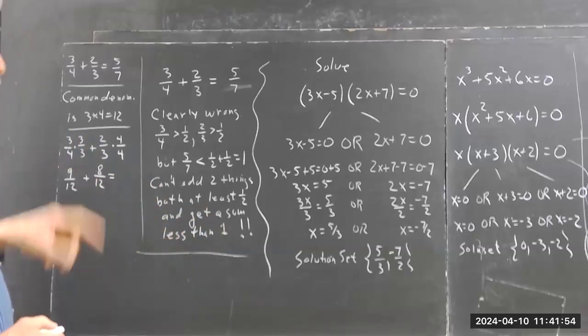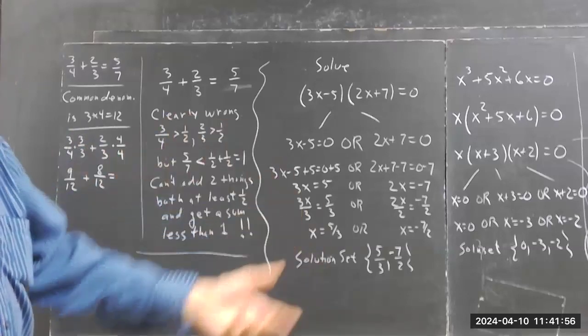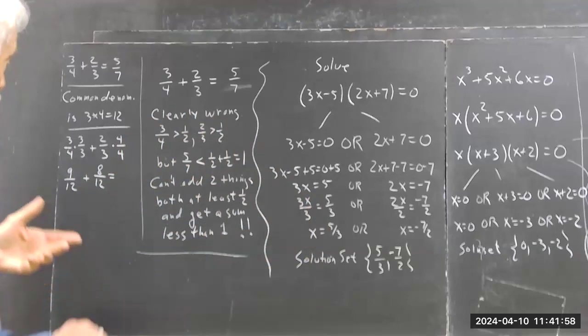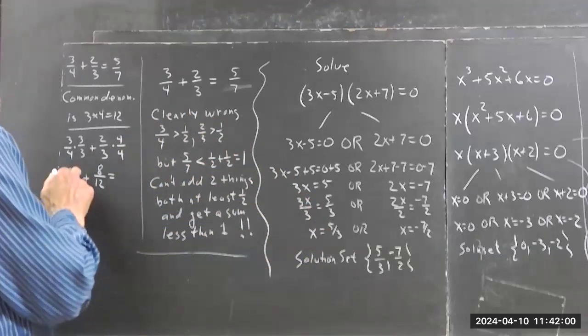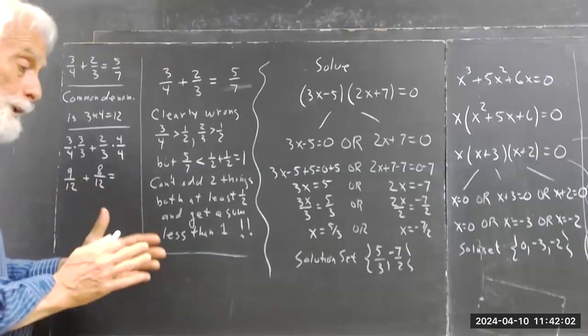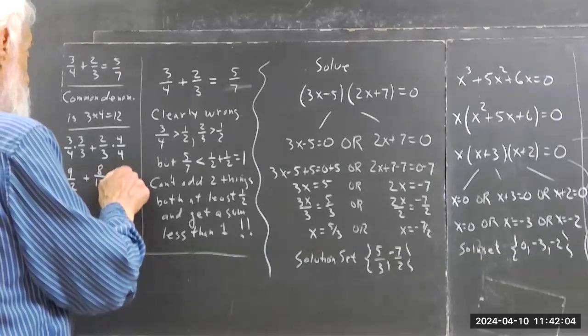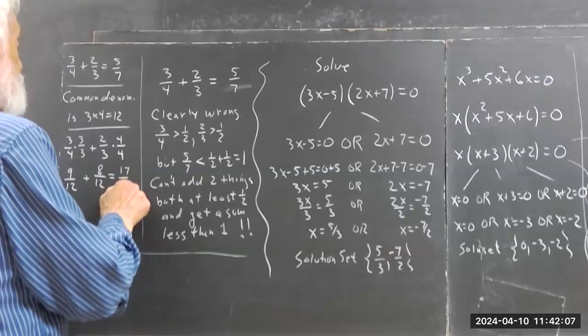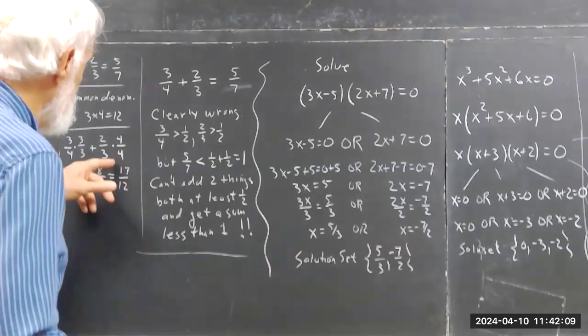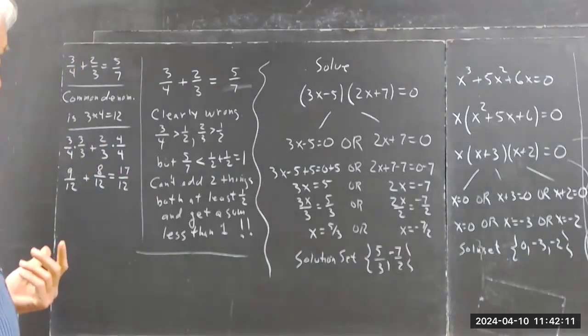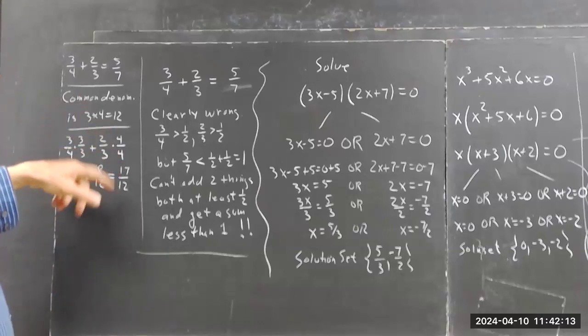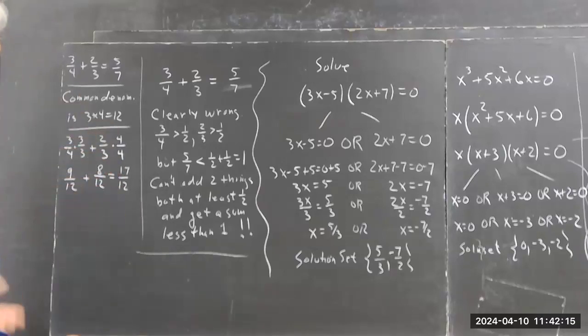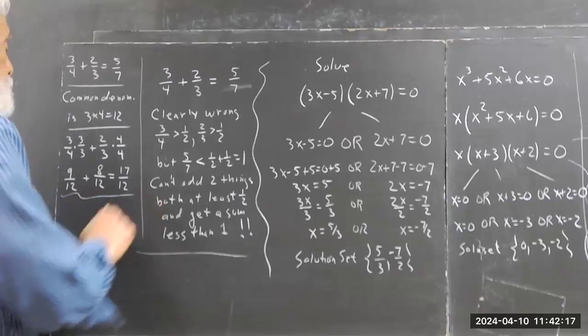Then I can take 9 and you can take 8 and there's still something left for somebody else. Because 9 slices and 8 slices is 17 slices, each one of them a 12th of a pizza. So that's less than 2 pizzas. 2 pizzas would be 24 twelfths. So that makes a certain amount of sense.